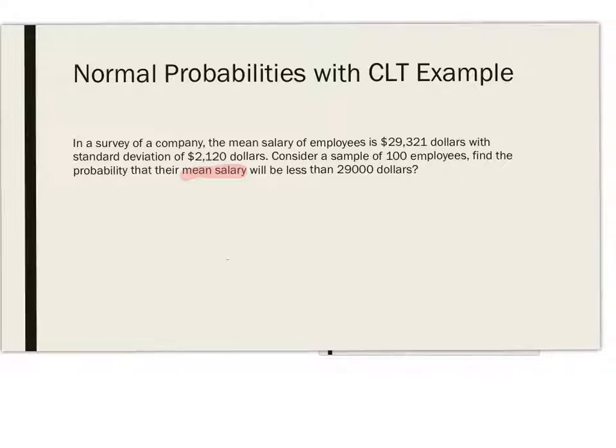Well, does it say anything about the distribution being normal? No. But we do have a sample of 100 employees right here.